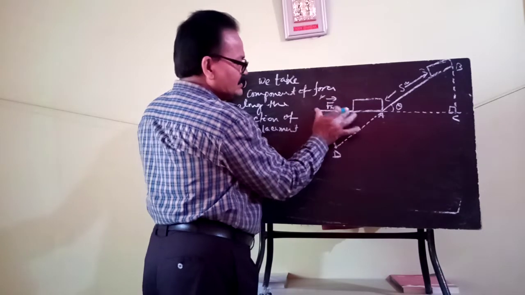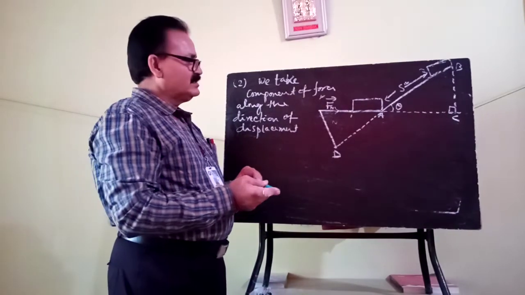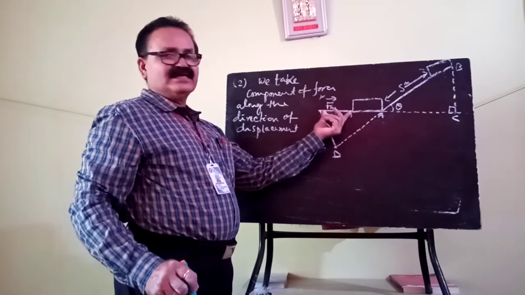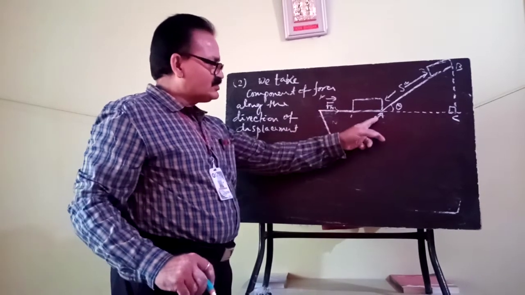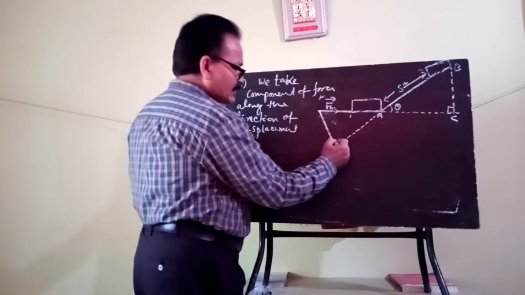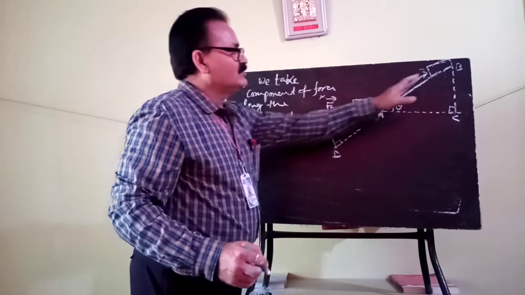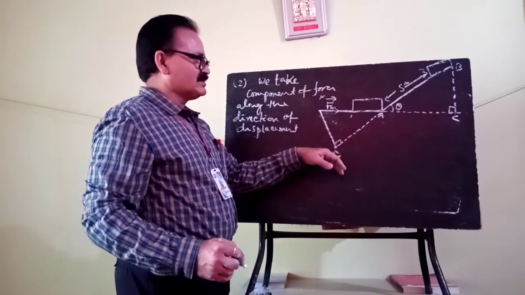You see, this length is the magnitude of force. In vector, you know that the length of the arrow-headed line will be the magnitude. So from here you just draw a perpendicular line on the side which we had produced backward the displacement.